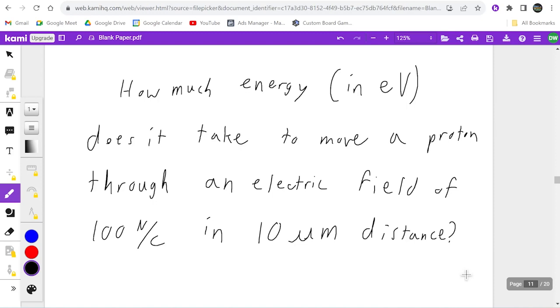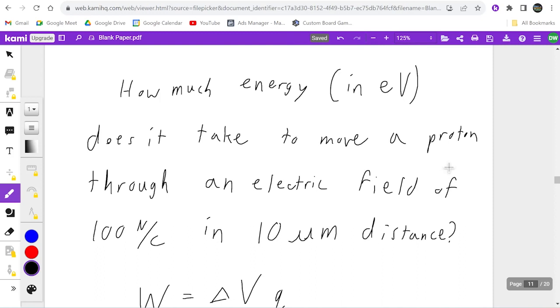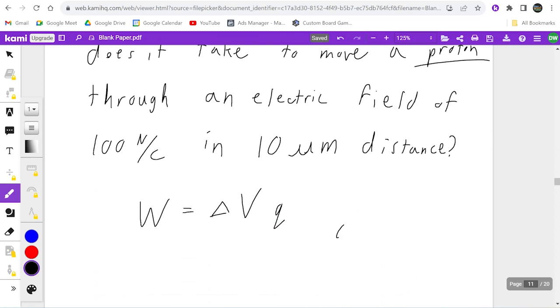But anyways, if I want to find the energy here, here's what I do. First, you can say work, or you can say energy, doesn't matter, is equal to delta V times Q. I have the charge, it's a proton. Q equals 1.6 times 10 to the negative 19. Not bad at all. Delta V is going to be a problem. I don't know it. So I give up. No, I don't do that.